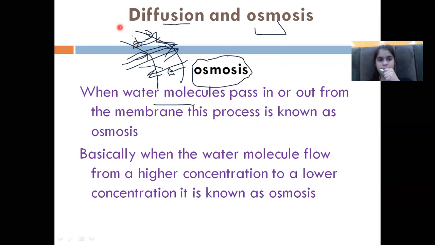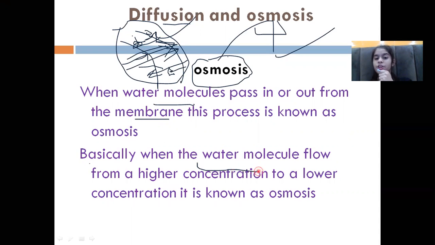That was in the sense of the plasma membrane. If I talk about osmosis in the chemistry sense, or in the normal sense, osmosis means when the water molecule flows from a higher concentration to a lower concentration. That process is called osmosis.